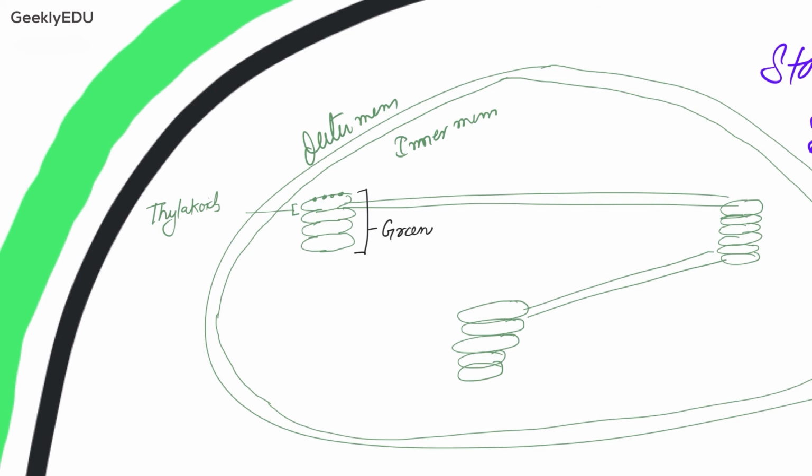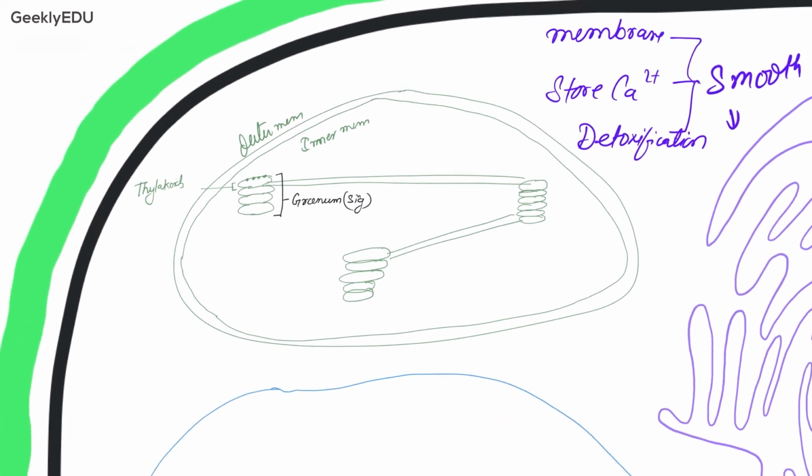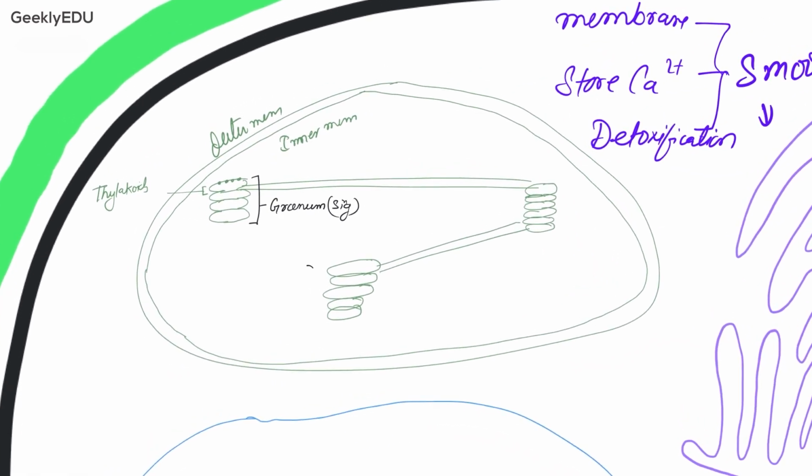Now, what are these stacks called? Granum, singular. Now, obviously, you can see there's not one granum. There are many granums. No, so you don't call them granums. You call them grana, plural. Now, outside the grana and inside the inner membrane, you have this space, right?